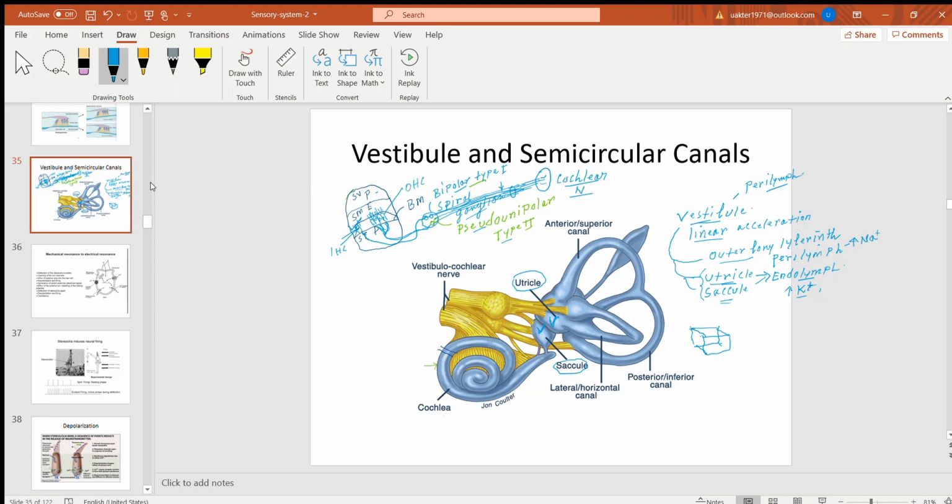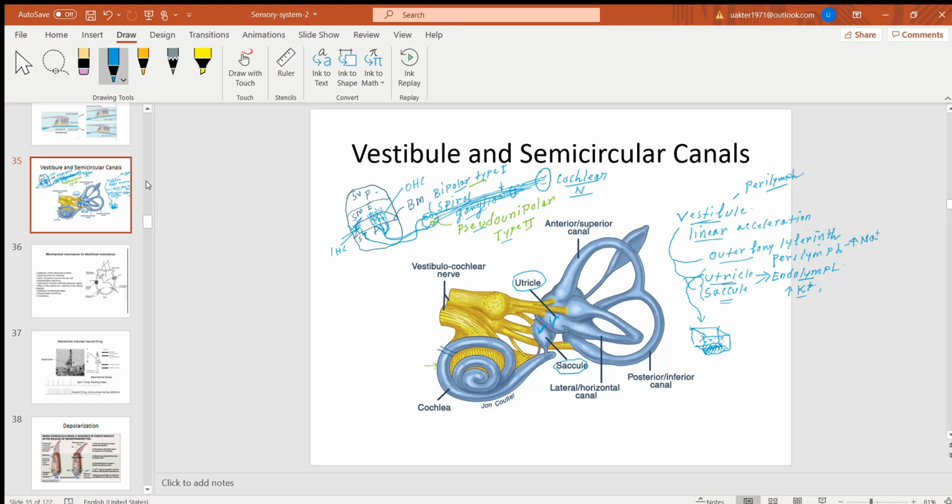If this box is showing the utricle, this is the floor, and on the floor you have the receptors or hair cells, here, and the fluid inside is endolymph.